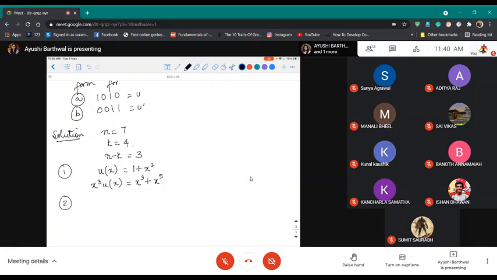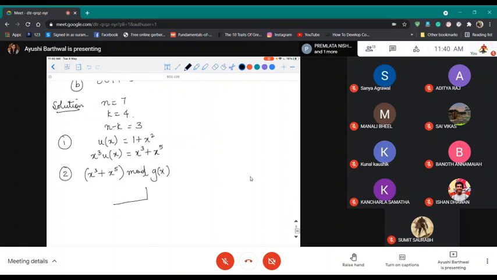So your second step is you have to divide x cube plus x5 by g(x), which is given to us, and take out its remainder.